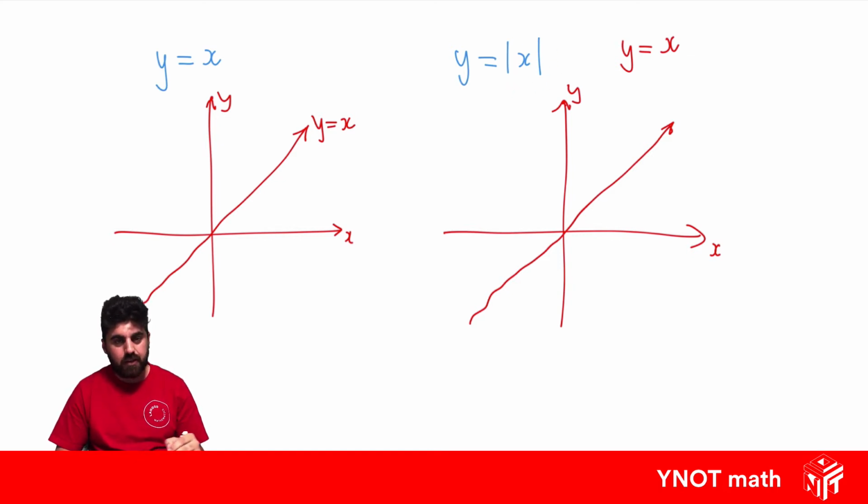So anything below the x-axis has negative values for y, and they need to be positive. So anything below the x-axis needs to get reflected about the x-axis and go up. So we get something like that. And now we can get rid of the part below the x-axis. And that would be y equals the absolute value of x.